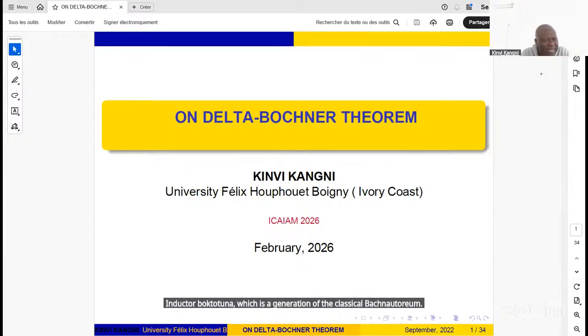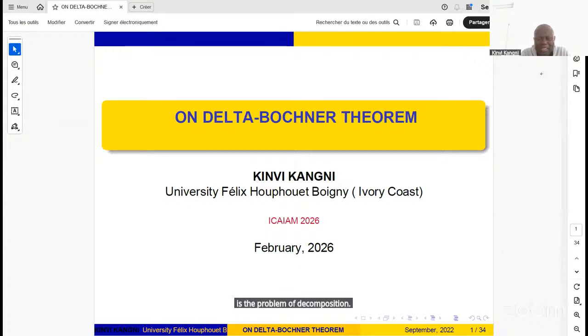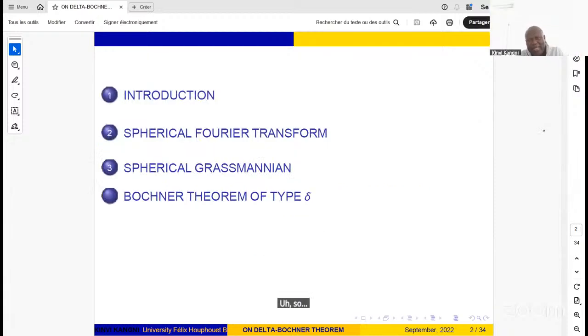You know that in harmonic analysis, in abstract harmonic analysis, the main problem is the problem of decomposition of a representation into irreducible representations. The Bochner theorem is a method to give some decomposition when the representation of your group is not finite dimensional and the representation is not unitary. So I will just take the screen and write something before starting the talk.